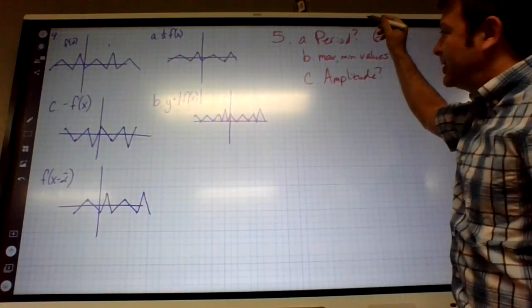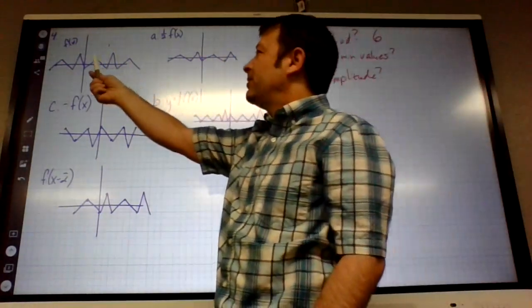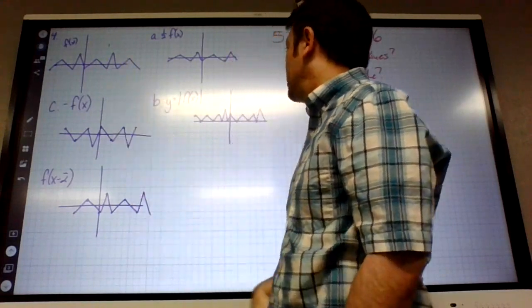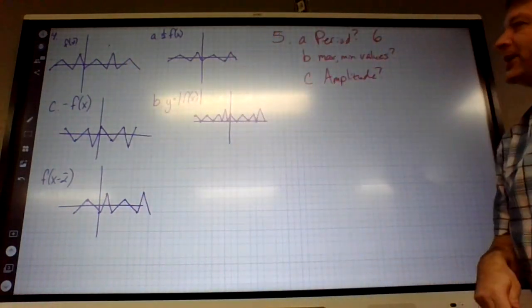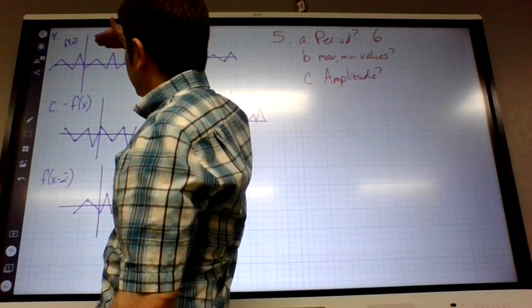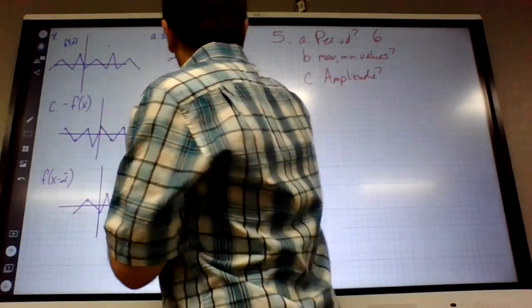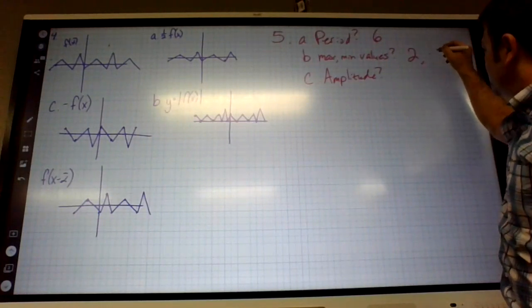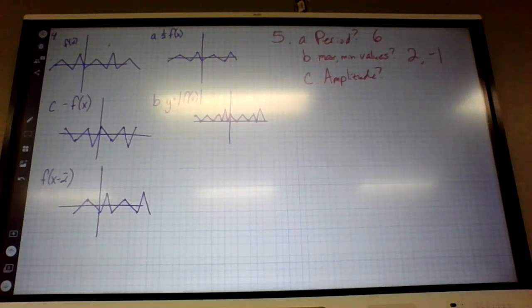Any questions on that? Just how far does it go before it starts repeating itself? You could do it anywhere, but what are the maximum and minimum values? How high does the graph go? 2. How low? -1. So it goes up to 2, down to -1.